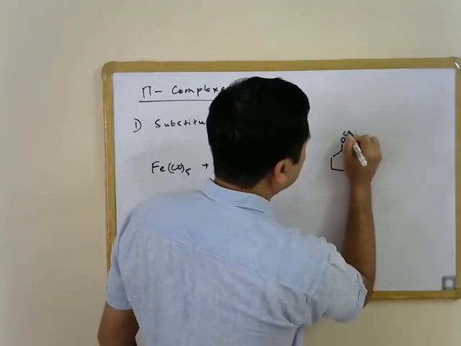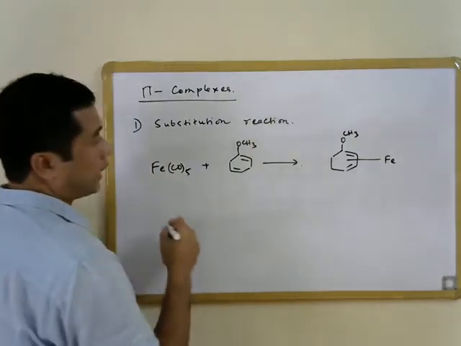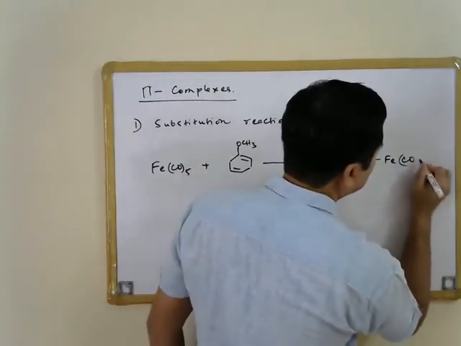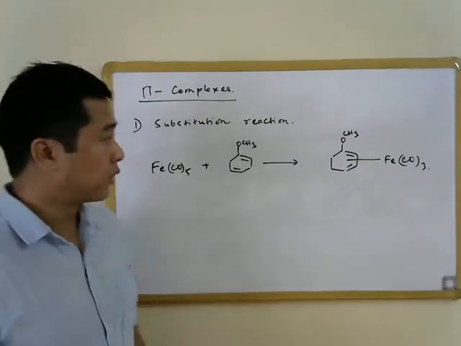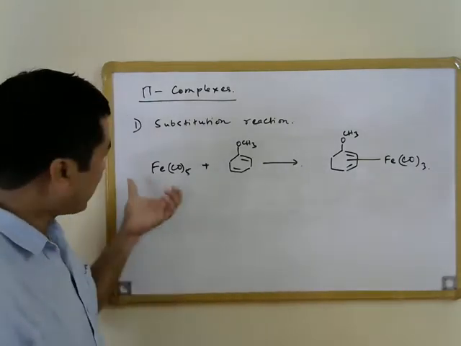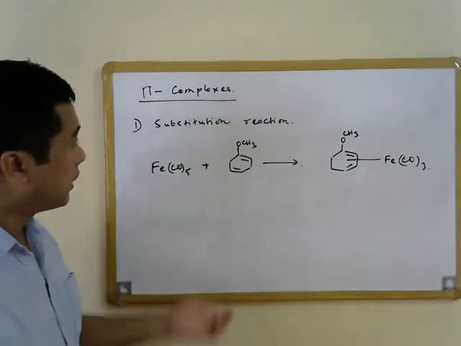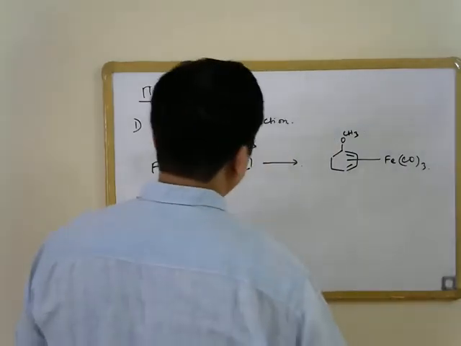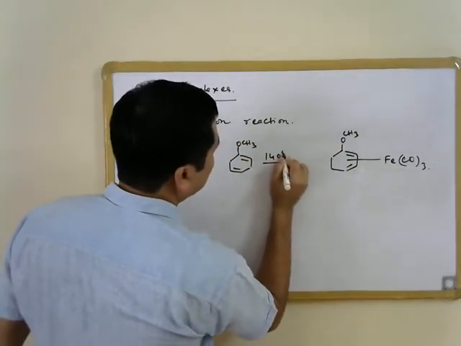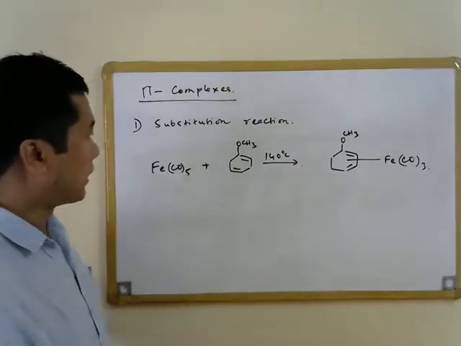This conjugated olefin can now bind with iron to give an iron carbonyl olefin complex. This is a metal-induced isomerization during this reaction, and that is how the metal carbonyl complex is formed. Again, this is done thermally, so one needs to increase the temperature to 140 degrees Celsius to obtain the product in this case.